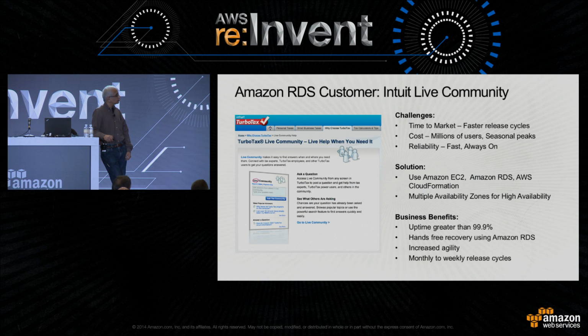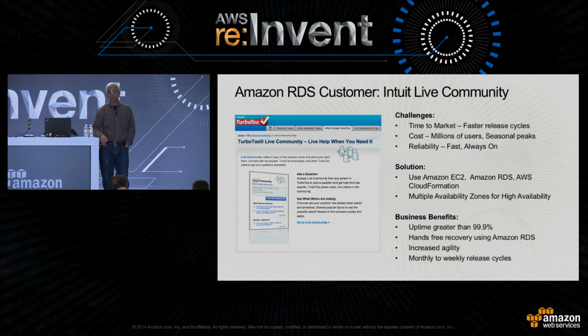OK, let me give you a few examples of some customers. I was going to talk about Intuit, but some of you who were at the keynote saw that Intuit is all in on Amazon and AWS, and they have lots of applications. I guess Taylor said they have something like 33 applications and 26 services which are already running on AWS, and over the next few years, they're going to move the rest of their applications to AWS.